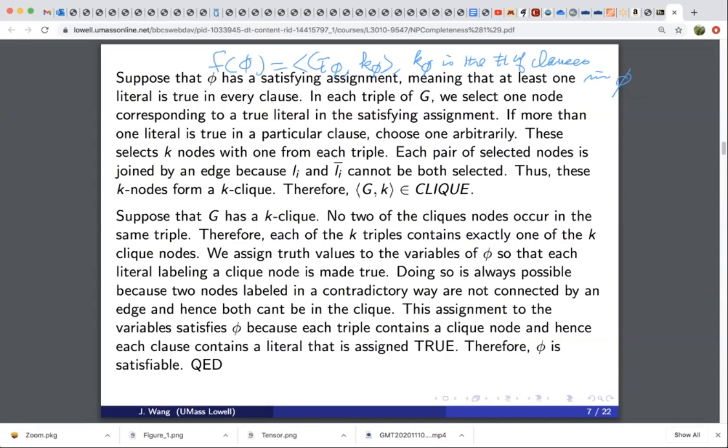Okay, so this is what we want to show. We want to show that phi is in 3SAT if and only if this thing is in clique.